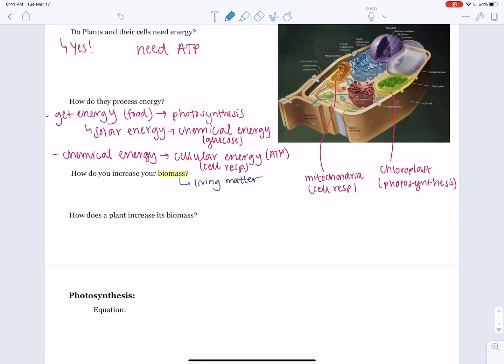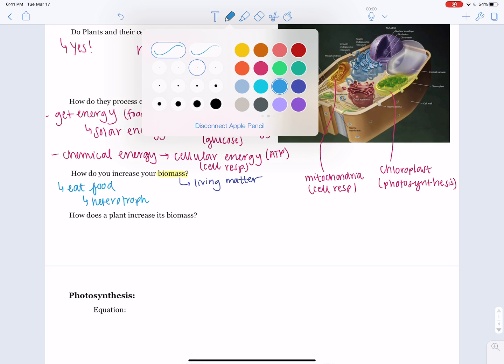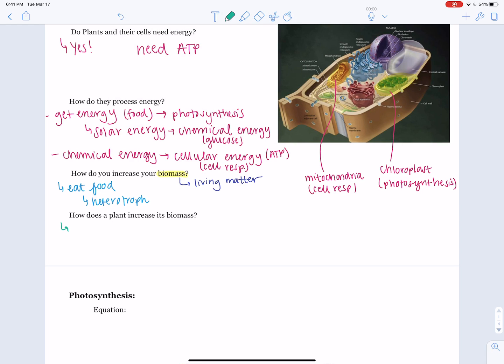Your answer would be, well, I eat food, because you're a heterotroph. Now, how does a plant increase its biomass? Well, it does it in a different way. It photosynthesizes, because it is an autotroph.